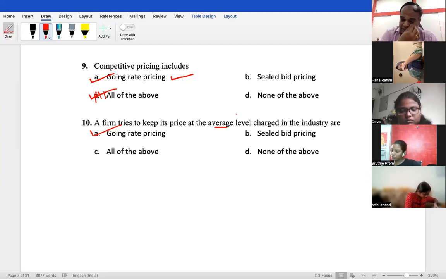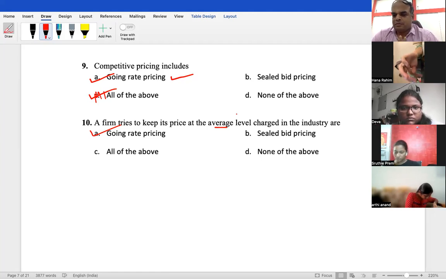Competitive pricing. Refer to the class notes quickly. Page number? LMR booklet, page number 233.